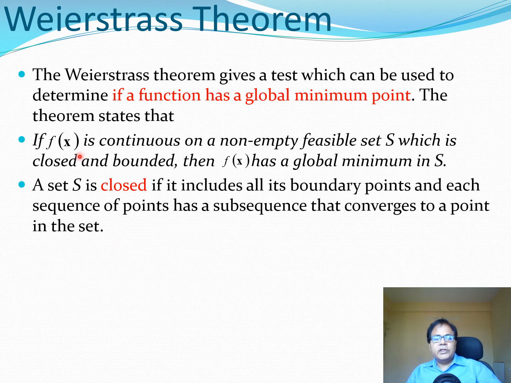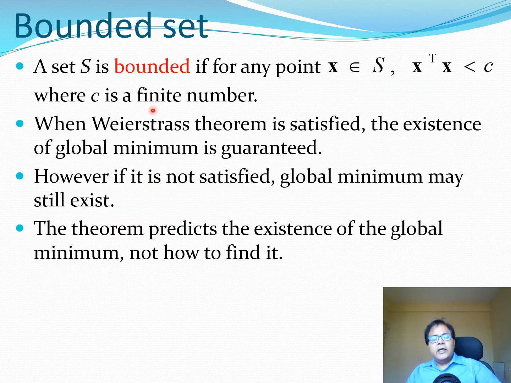So again, the definition here includes the fact that the set S is closed and bounded, so you can see the definition of closed here. And then the next fact is boundedness, and boundedness means that if you have any point x which is in set S, then x transpose x, the dot product, is less than C, where C is a finite number.